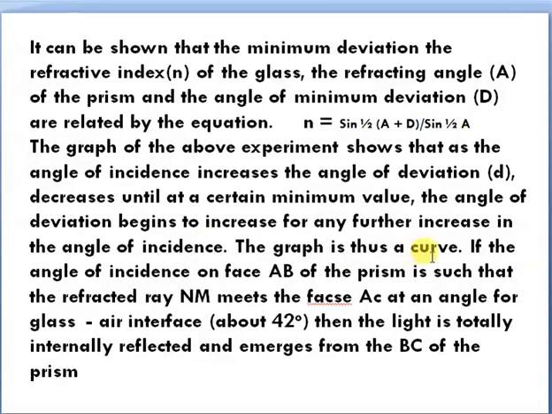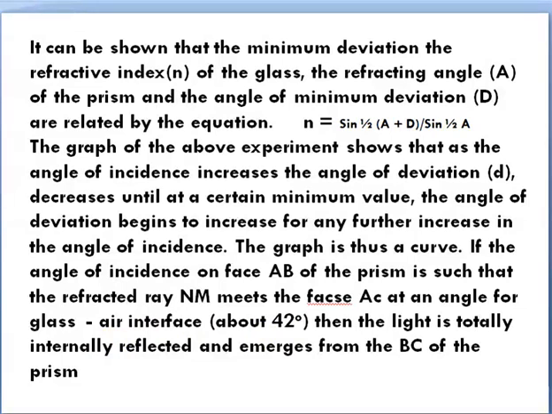We have seen that. Now if the angle of incidence on the face AB of the prism is such that the refracted ray NM meets the face AC at an angle for the air-glass interface of about 42 degrees, we find that the light will be totally internally reflected, and the light will emerge from BC of the prism.